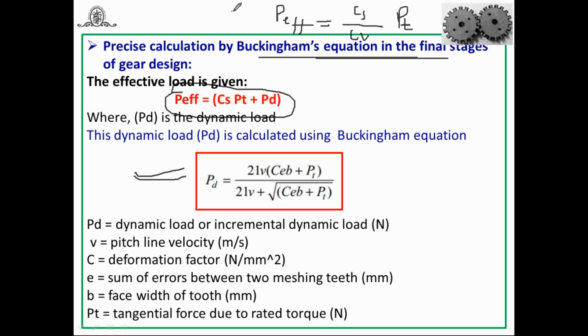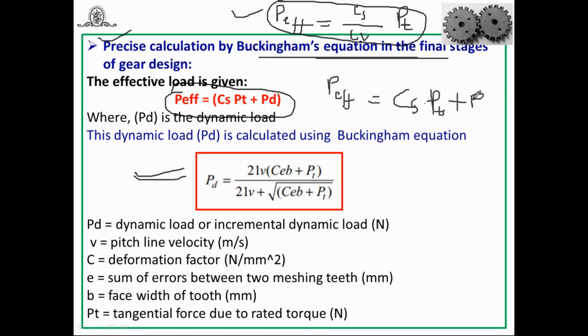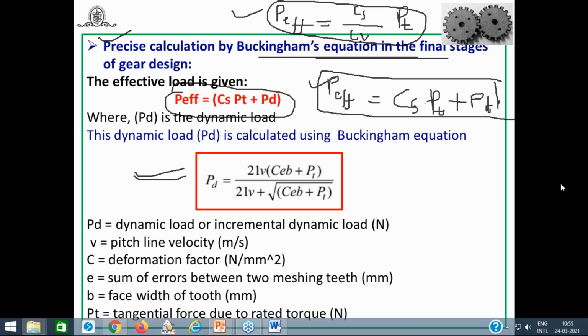This is applicable for the velocity factor. But when we use Buckingham's equation for dynamic load in precise calculation, P effective is going to change. P effective is equal to what? CS into PT plus PD. This equation we have to use here to determine the effective load between the meshing gears.